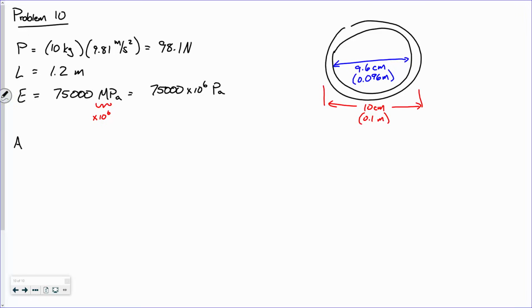So I propose that to calculate the area of that pipe, we just take the area of the big circle minus the area of the little circle. So it's pi over 4 times d naught squared minus di squared. So that's pi over 4 times 0.1 meters squared minus 0.096 meters squared. And this is going to come out to be a really small number, so you're probably going to want to keep it in scientific notation.